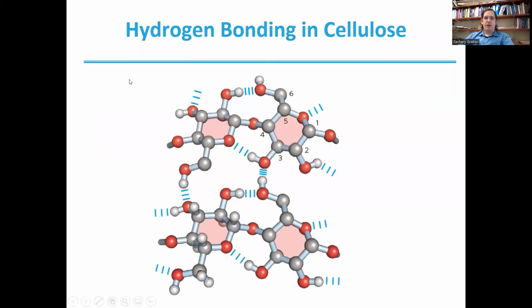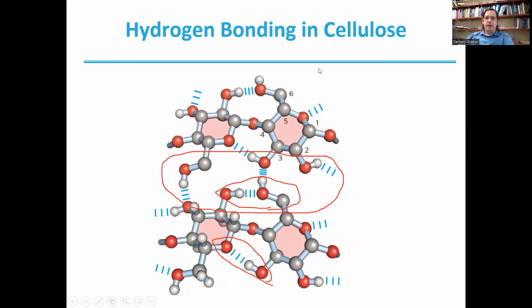These hydrogen bonds can also form between adjacent chains of our sugar polymer. Notice here we have those hydrogen bonds between our monomers, but we can also lay our sugars next to each other and form hydrogen bonds between our different polymeric chains.